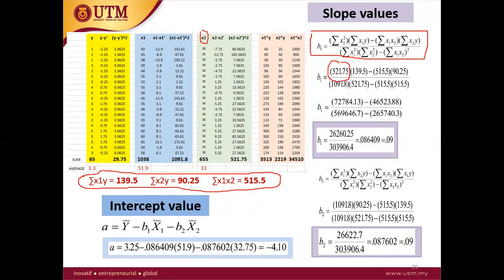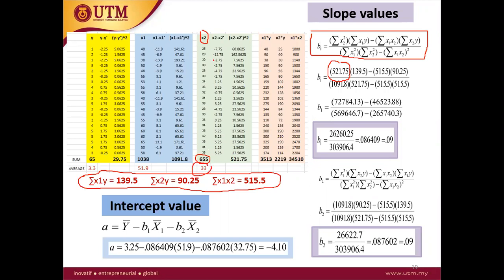Okay. First, we get the sum of the x2 and the average for the sum. The average of the S2 is 655 divided by 20, you get 33.